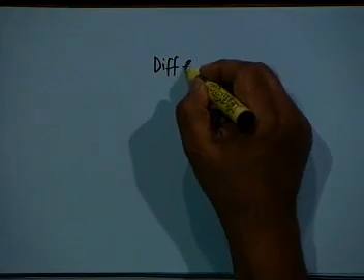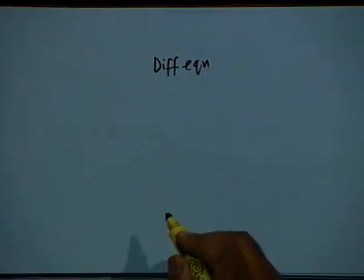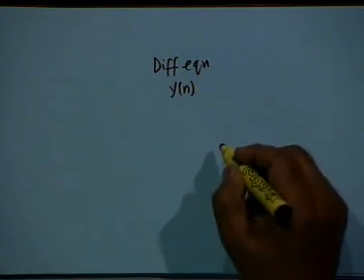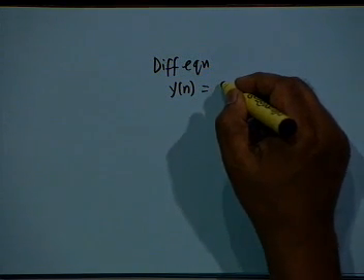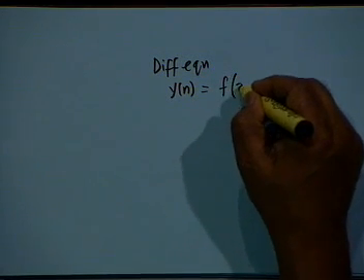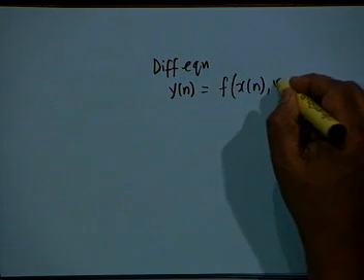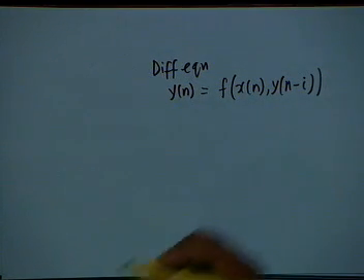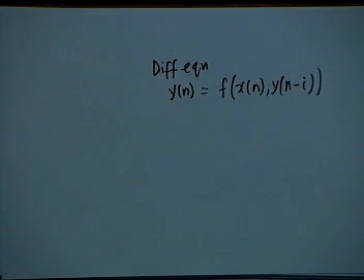Given a difference equation for y of n as a function of x of n and y of n minus 1, let us say, it is a linear equation.